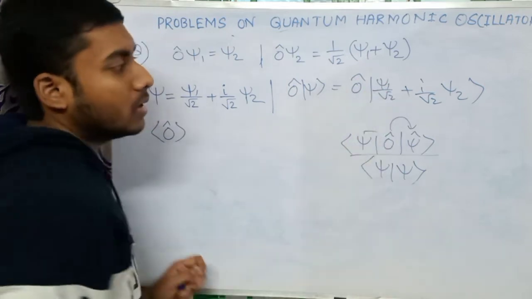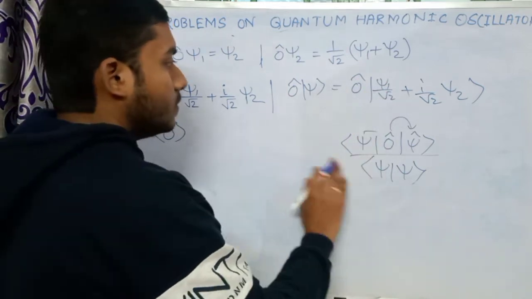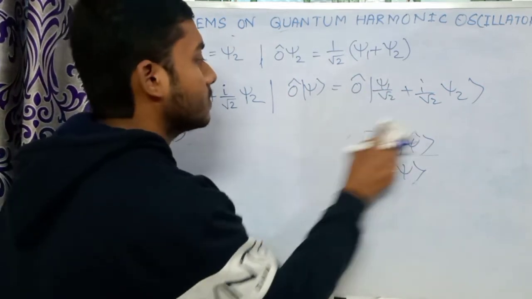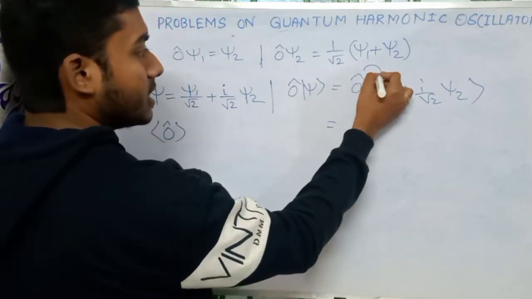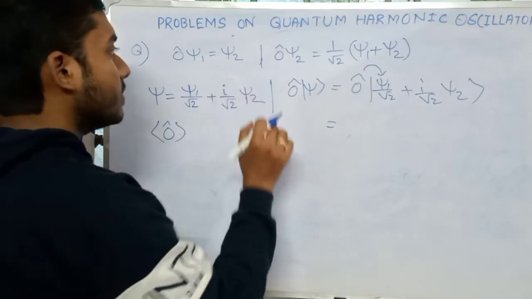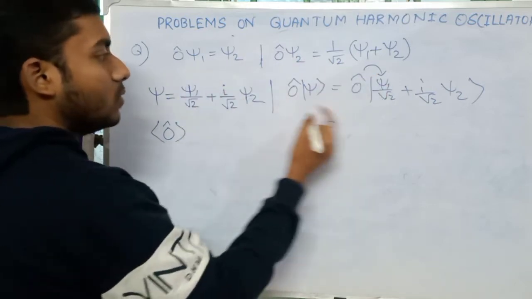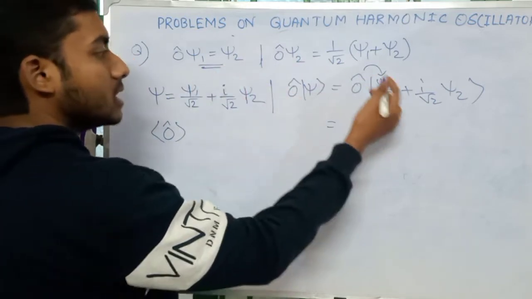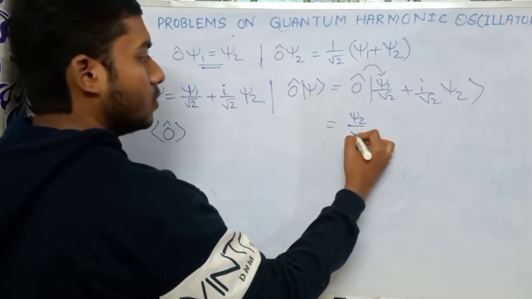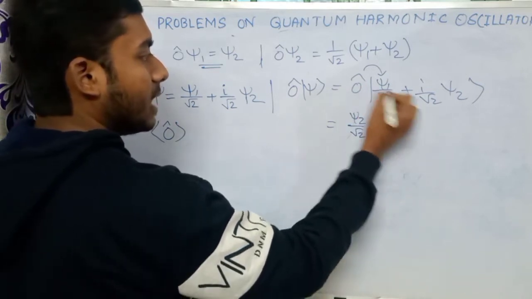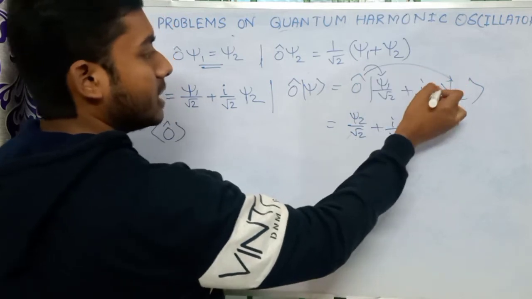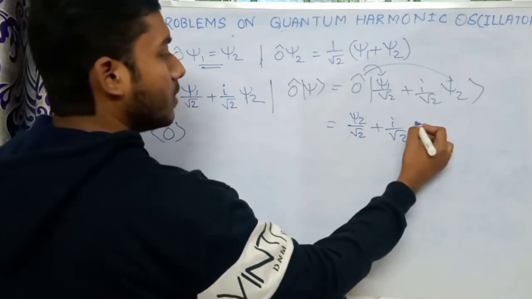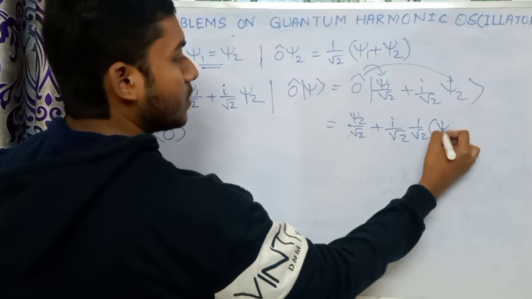Now you can understand that when this is operated on this, it will give psi 2, right? From here, this is psi 2, so psi 2 over root 2 plus i by root 2 into, when this is operated on this, we get 1 over root 2 psi 1 plus psi 2.